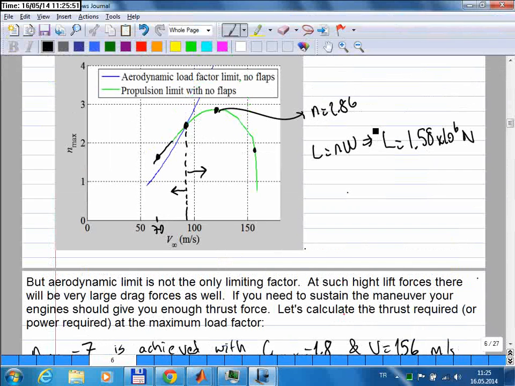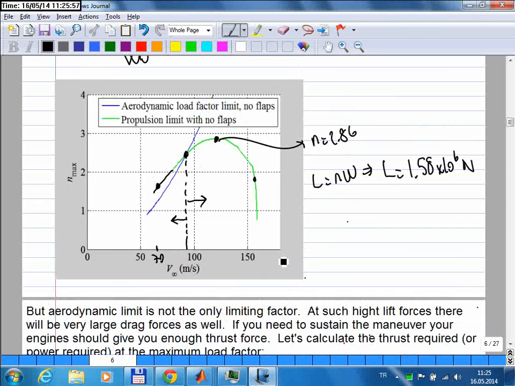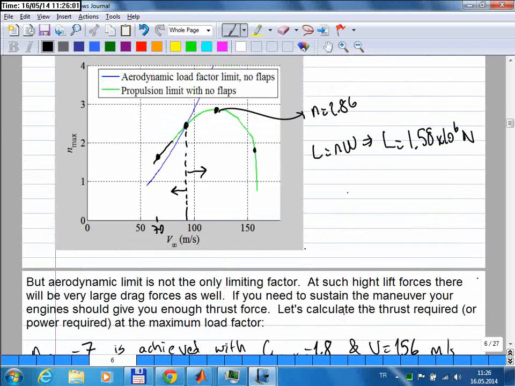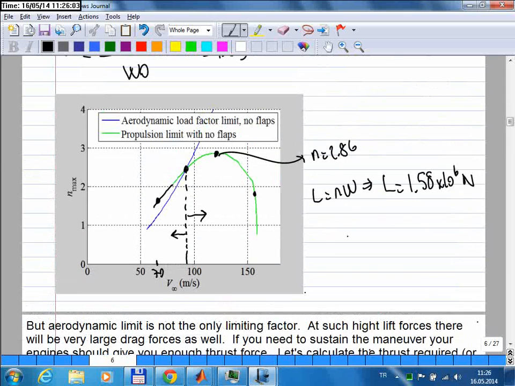So there's a third limiting line on the VN diagram, and that is due to the structures, and that is a flat line. Okay, so you know W0, and if you design the aircraft to withstand a maximum load factor of 2, for example, then there will be a flat line here, and that will be the limiting factor.